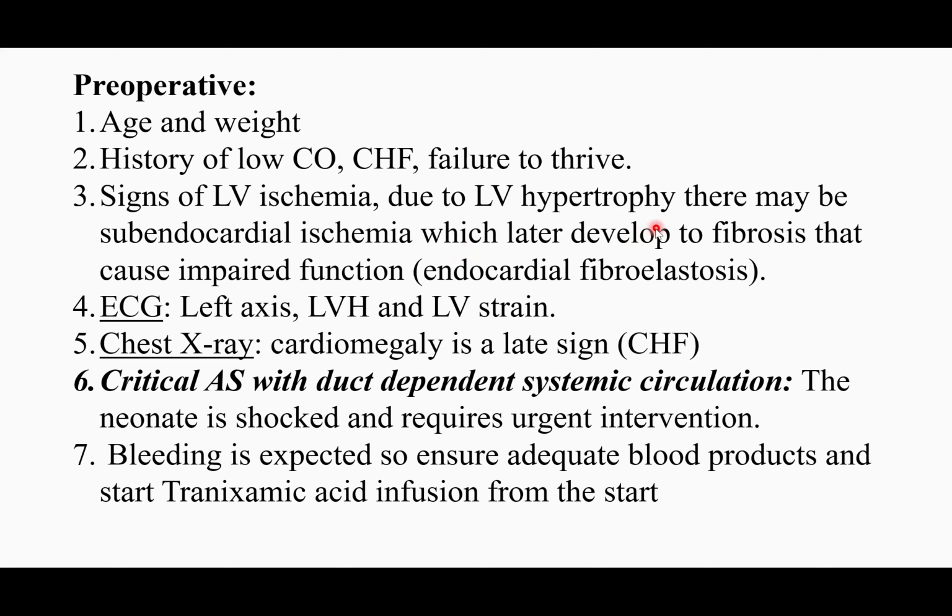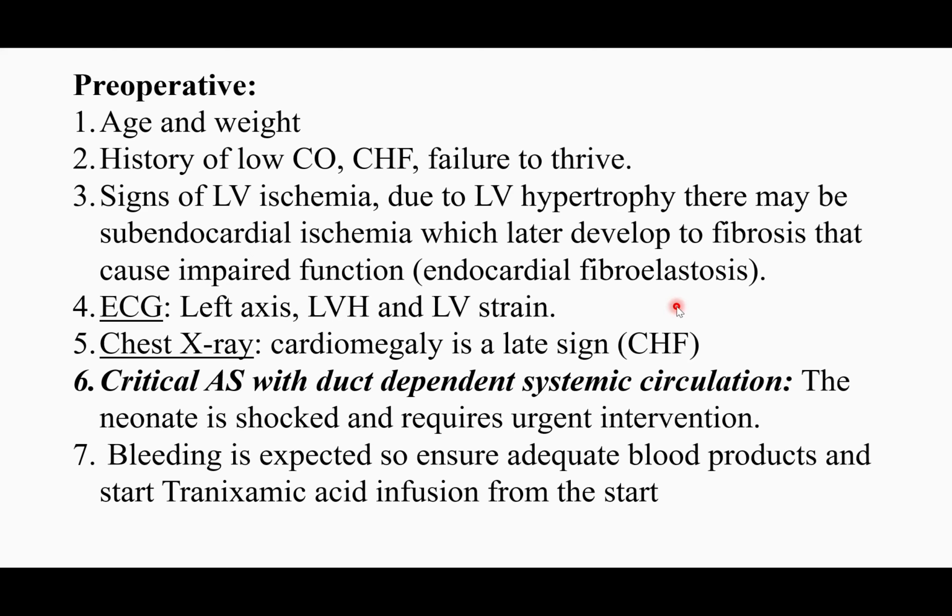Due to the LV hypertrophy, there may be subendocardial ischemia, which later develops to fibrosis that causes impaired function. These patients start with a high-demand LV. The balance between demand and supply is towards demand.